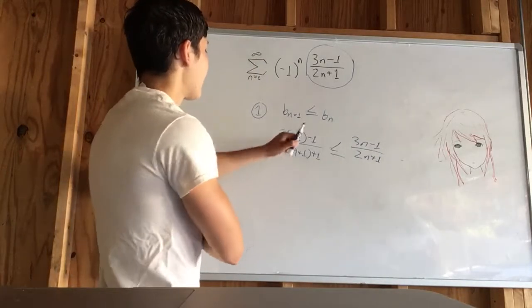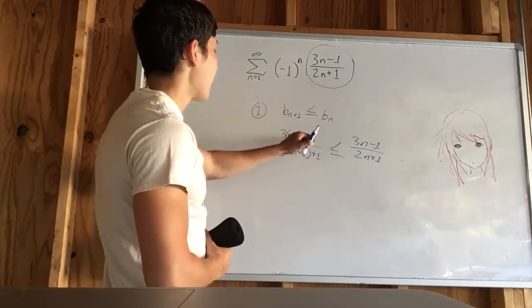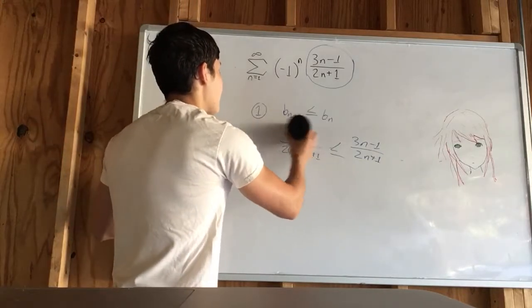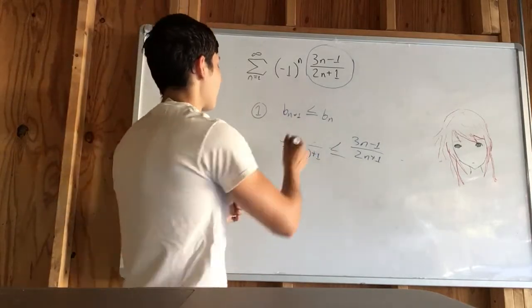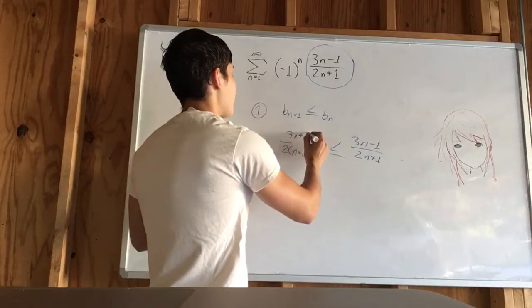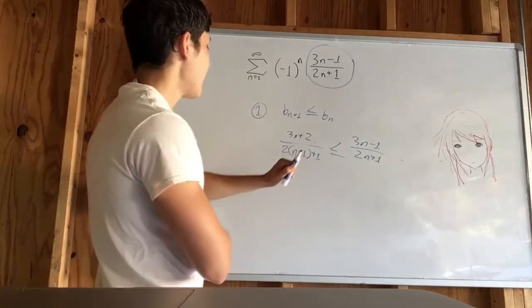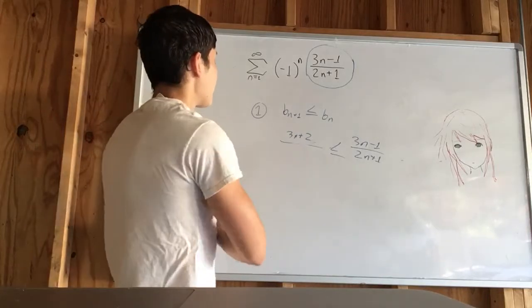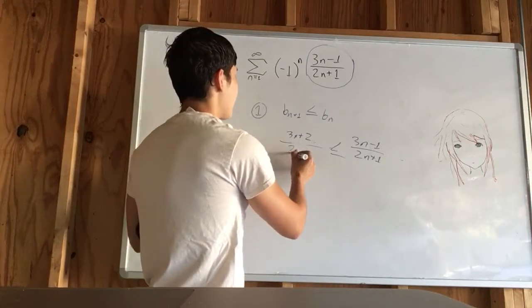So we can distribute here. We would get 3n plus 3 minus 1, which is 3n plus 2, over 2n plus 2 plus 1, so that's 2n plus 3.